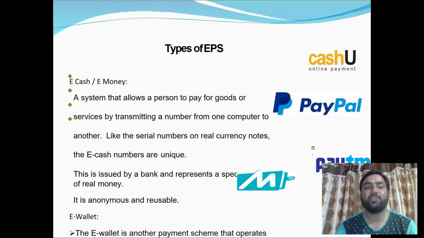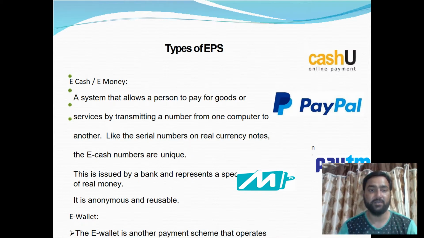It is a kind of electronic money, just like hard cash, paper cash. In the same way e-cash has a unique sequence number, a serial number, and if you are making a payment through e-cash, then you have to specify the serial number for that particular e-cash, and then you can make payment for whatever sale or purchase you are doing over the web.